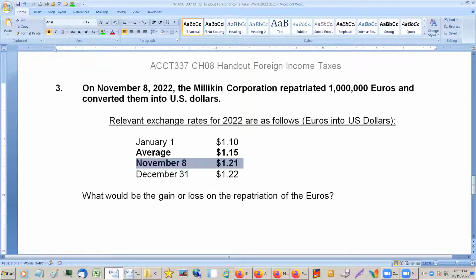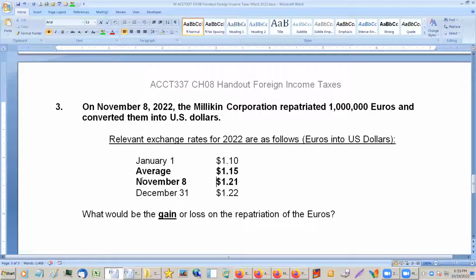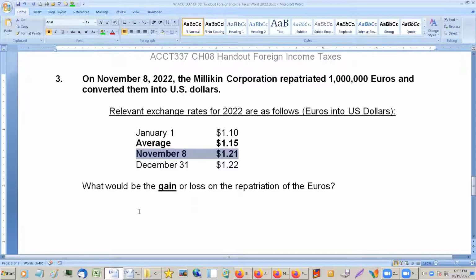Yep, this is going to be a gain because we're picking these up at a higher rate than the rest of the income. So I'm just going to copy it. I'm teaching you guys how to be lazy, a very important skill. So there's the zeros. Now we're going to multiply it by 1.21 minus 1.15.